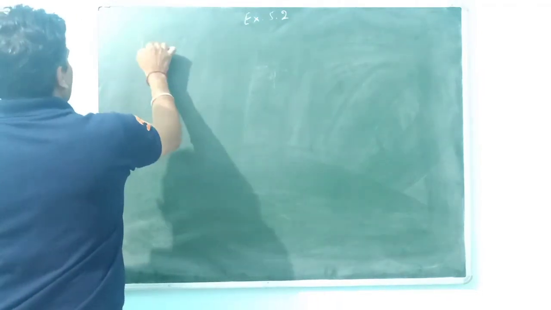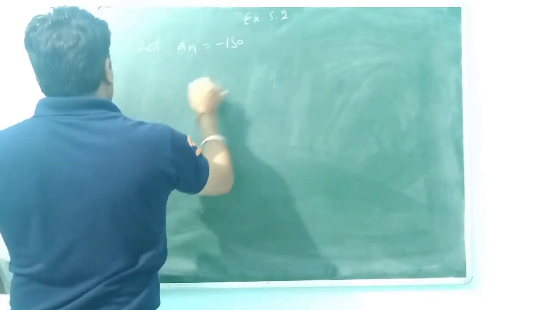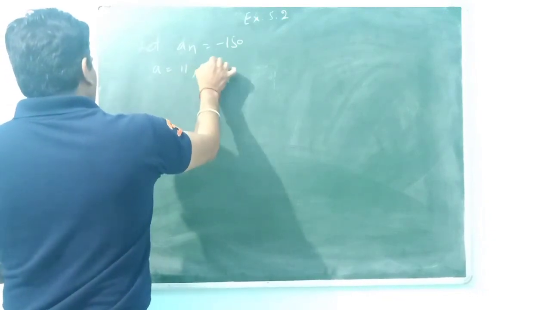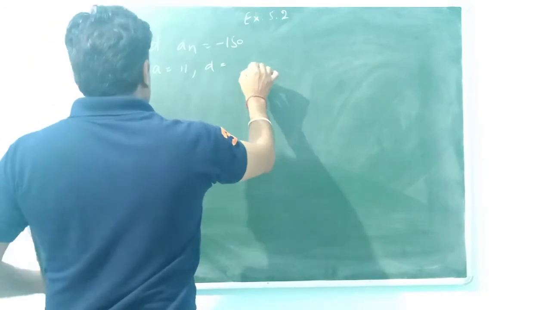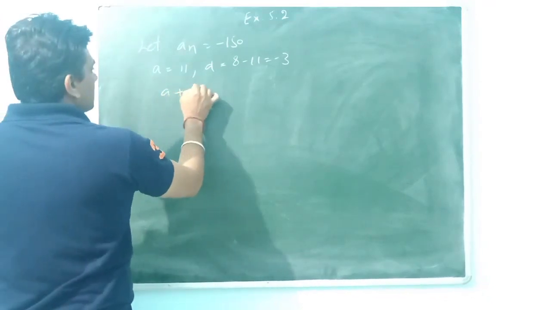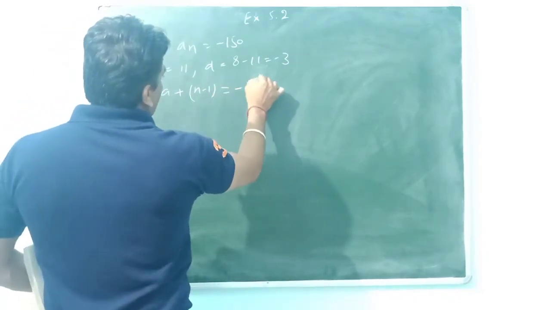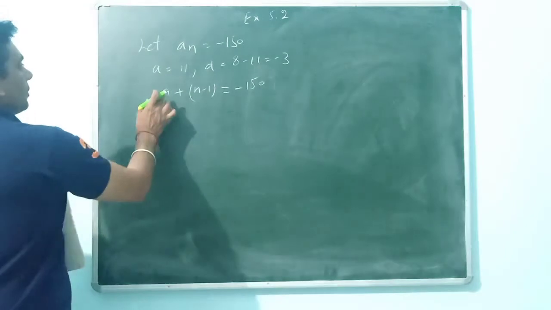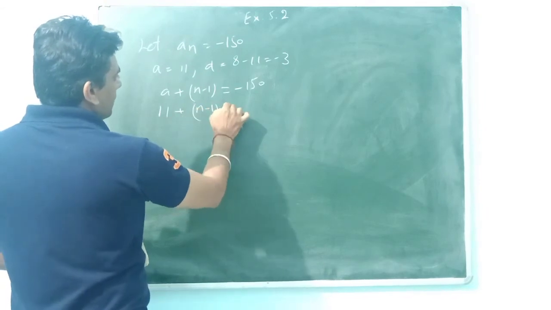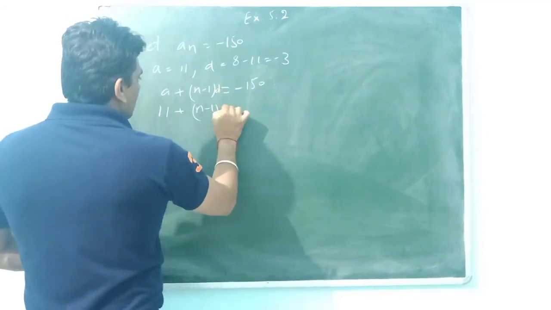So let an be equal to minus 150, and from the given AP, a is 11 and d is 8 minus 11, that is minus 3. a plus (n minus 1) d equals minus 150. What is a? 11. And d is minus 3.